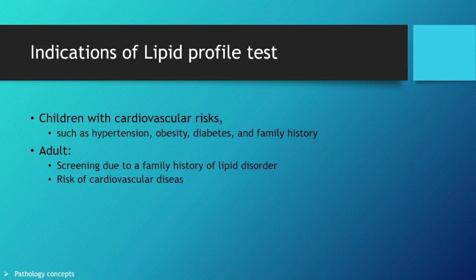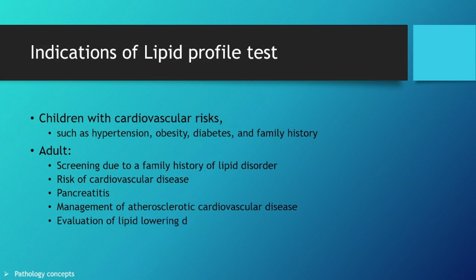In adults, it is used as a screening tool for a family history of lipid disorders. It is used to determine the risk of cardiovascular disease, in cases of pancreatitis, in the management of atherosclerotic cardiovascular disease, and to evaluate the lipid lowering drugs' effects.